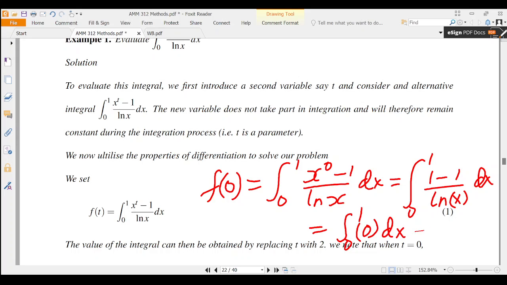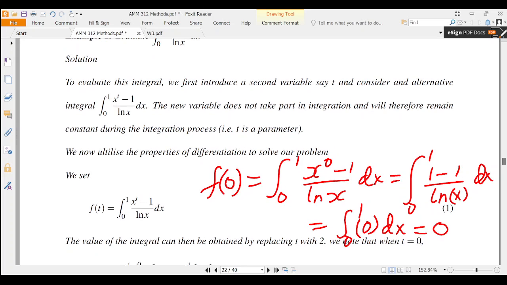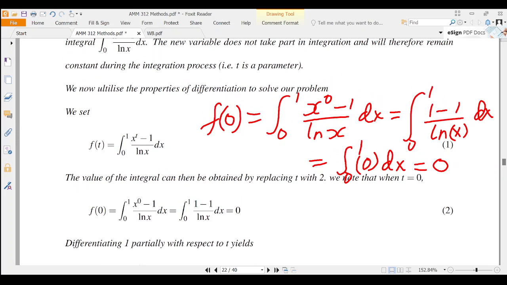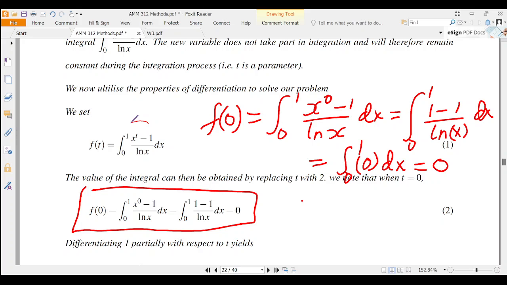So when we work out a definite integral and the integrand is 0, then the result is 0. So we note that f of 0 is equal to 0. And now we have said that we want to use the properties of differentiation on this function.